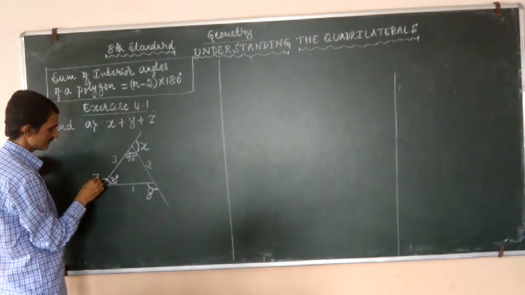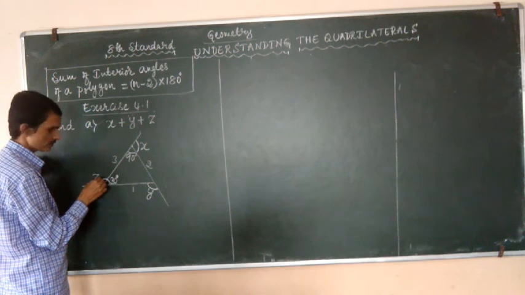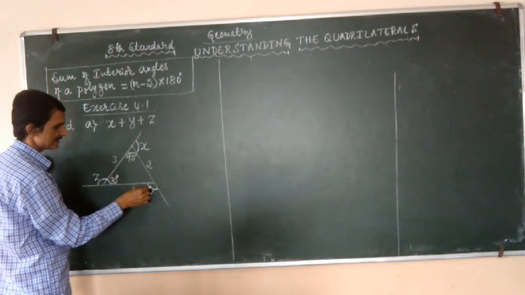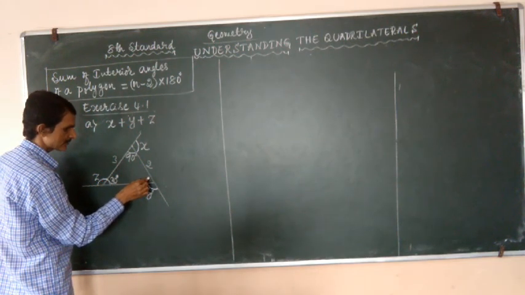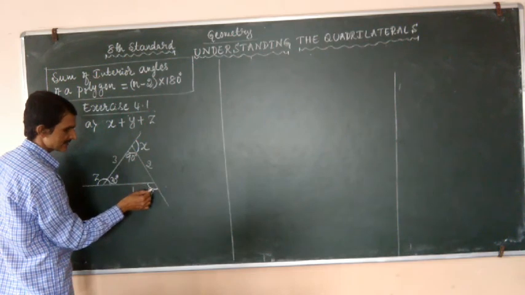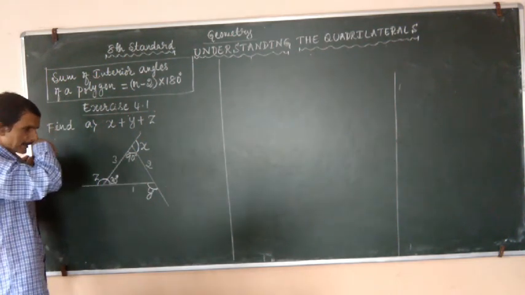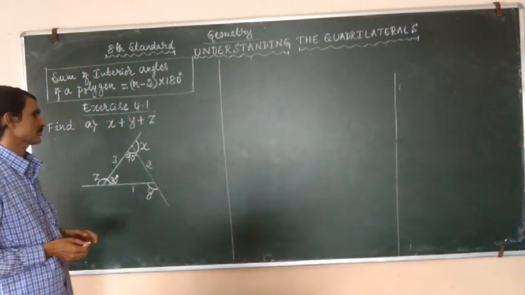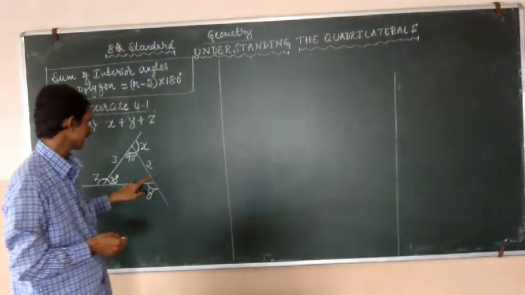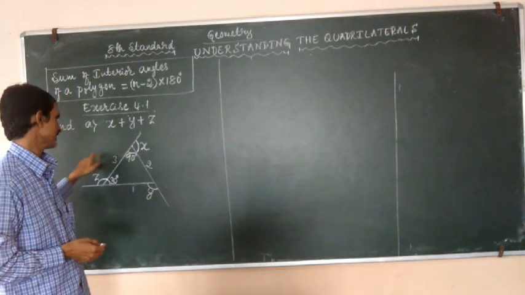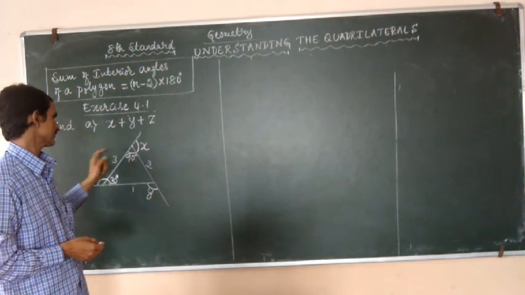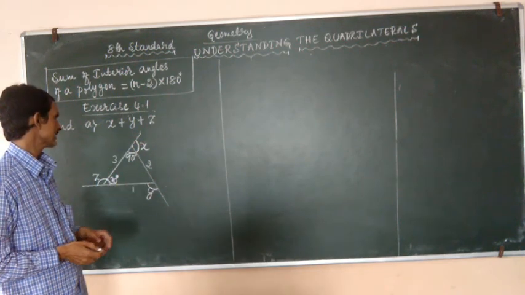Similarly, the sum of these two angles equals 180 degrees. Here, first we have to find the interior angle of this y. Now we shall find out this angle. After finding this, we will find the values of x, y and z.